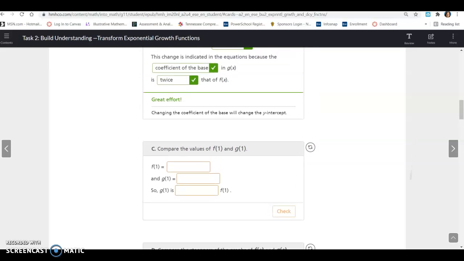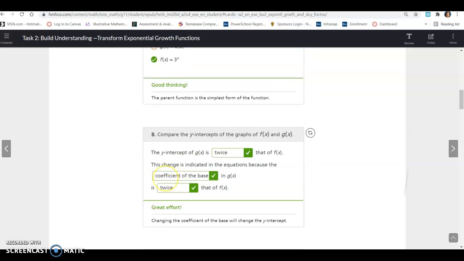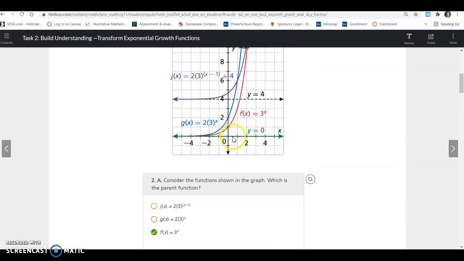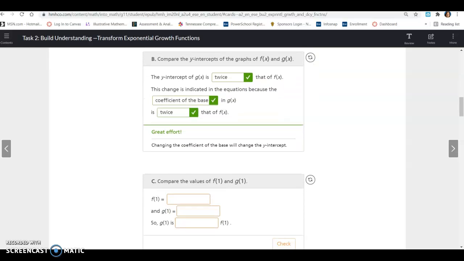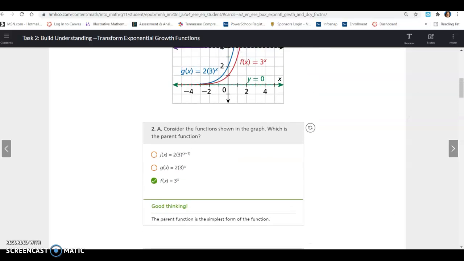All right, so compare the values of f of 1 and g of 1. That's saying when x is 1, what is f of x? Okay, so let's look at the graph. When x is 1, f of x, or your y value, is 3. All right, g of 1.